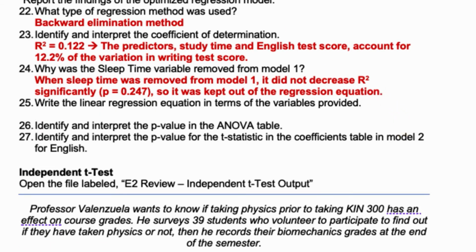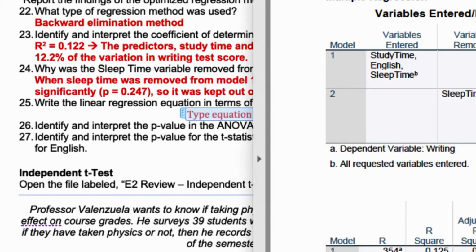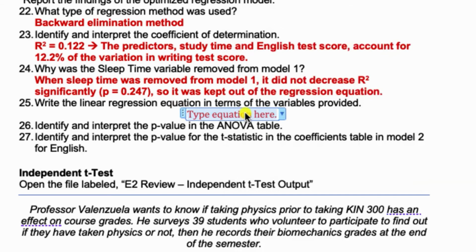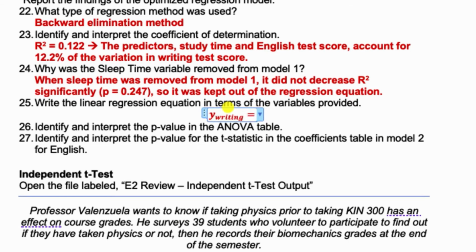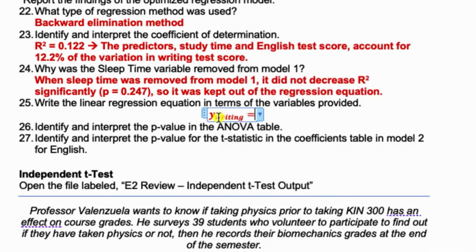Next question is asking us to write the regression equation. So again, this is going to be looking at the variables we have included in our coefficients table in the last model. Okay, so our y is our writing score. And we have a constant in our table as 56.581, so that's our y-intercept.